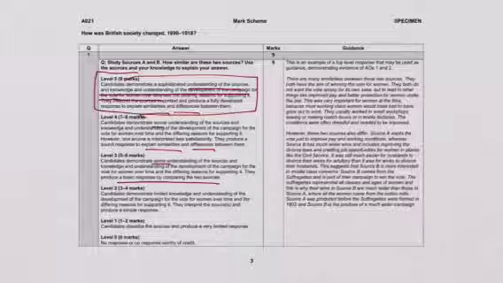So even at this stage, there still needs to be that sense of similarities or differences. You are comparing the two sources. Lower down again, limited knowledge and understanding of the campaign. They interpret the sources, so you might say, well, source A is saying this, source B is saying this, but very limited actual comparison, and even worse at level 1, but we're not concerned about those. This is where we want to be.